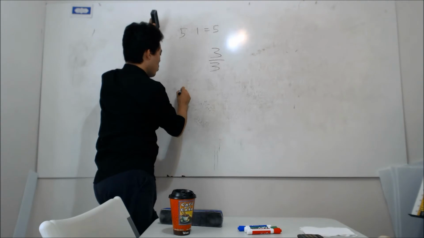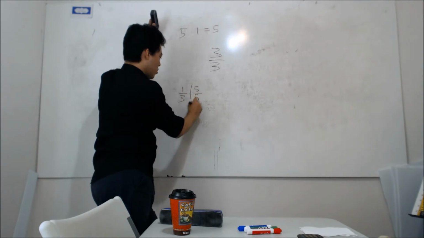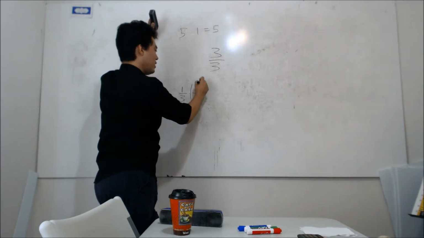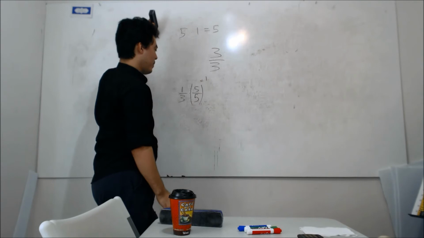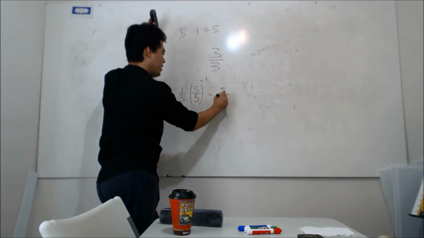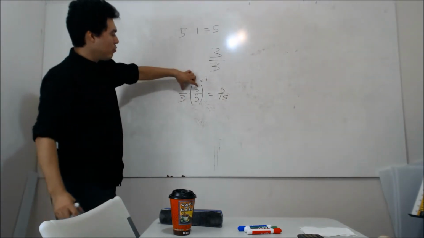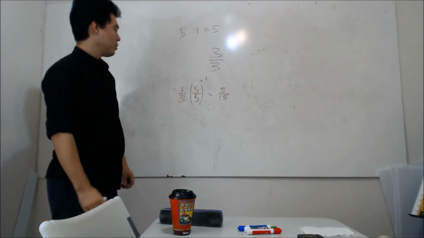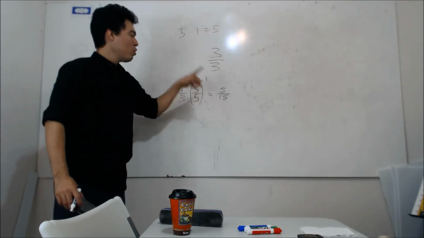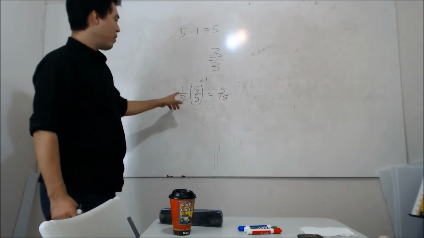If I multiply 1/3 times 5 over 5, well, 5 over 5 is 1. But this product is equal to 5 over 15, because we multiply the numerators and we multiply the denominators. But look at this. What we know now is that 5 over 15 equals 1/3.